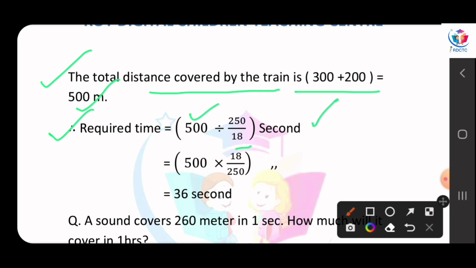Already we discussed the division rule of the fraction in our previous classes. If you want to know it clearly, then you have to watch the videos about the fraction. Here we write 500 into 18 by 250.